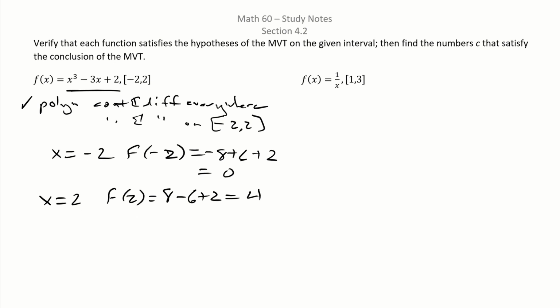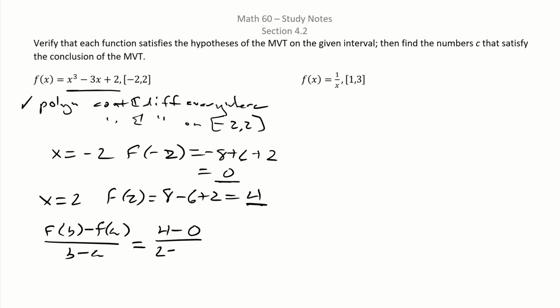Okay? So here's what I'm going to do. I'm going to write this out. I'm going to go f of b minus f of a all over b minus a. In our case it's 4 minus 0 all over 2 minus, am I doing that right? Yeah, I'm going 4 minus 0, that's the y value.